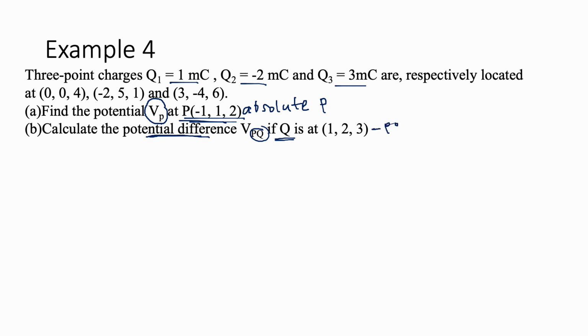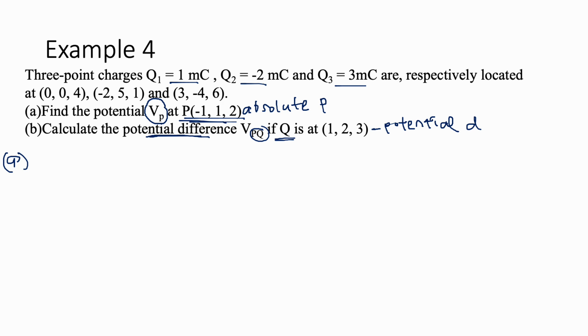And if you look at the questions, they clearly mention the potential difference. So that is how you differentiate between the absolute potential and the potential difference. Now let's proceed to solve part A first.